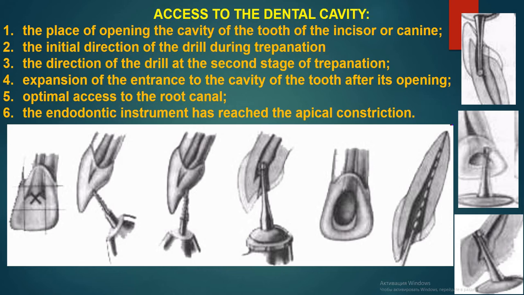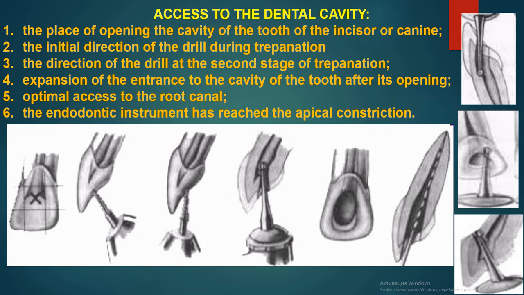Access to the dental cavity. First, the place of opening the cavity of the tooth of the incisor or canine. Second, the initial direction of the drill during trepanation. Third, the direction of the drill at the second stage of trepanation.